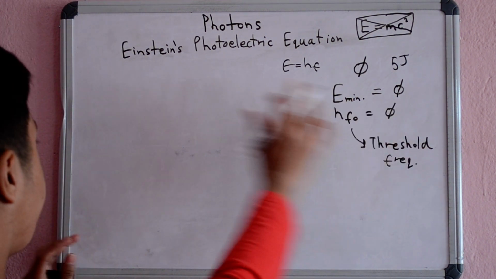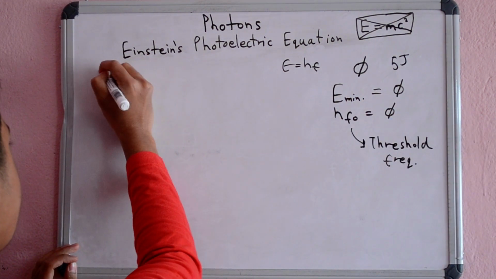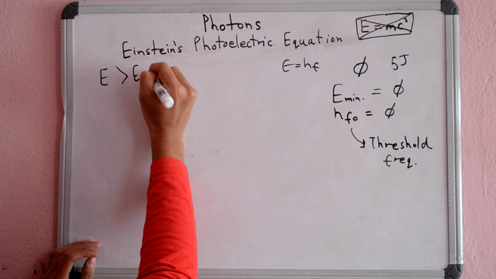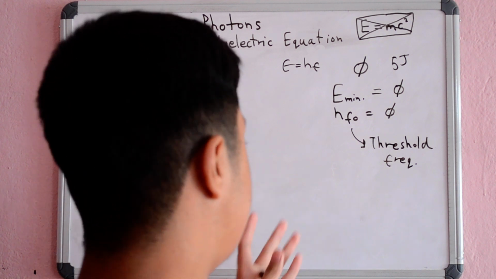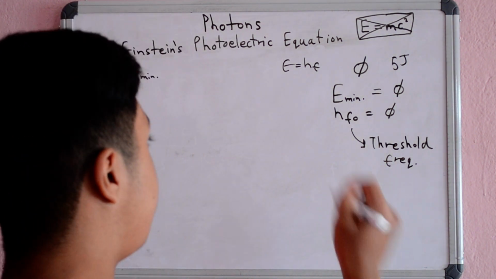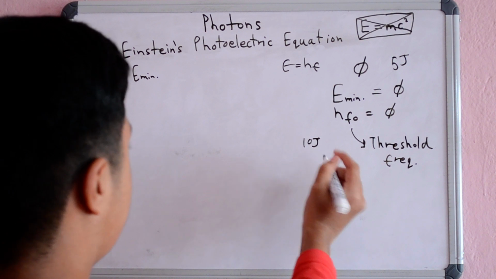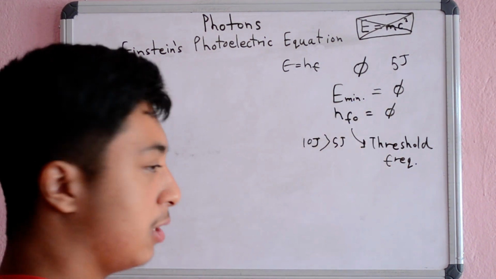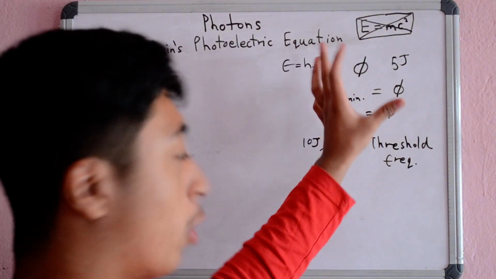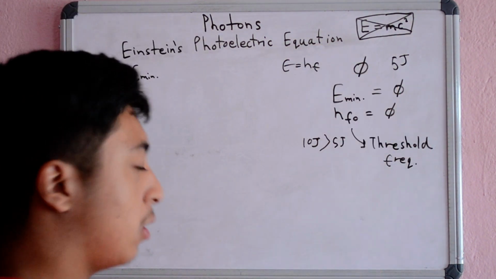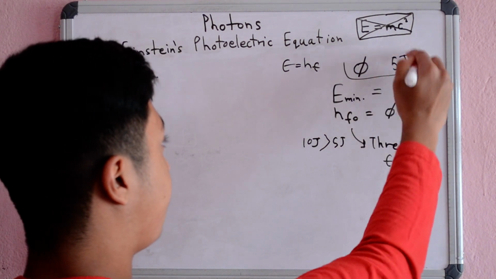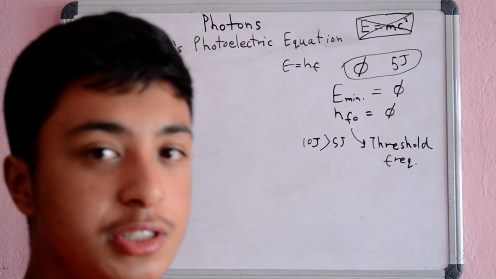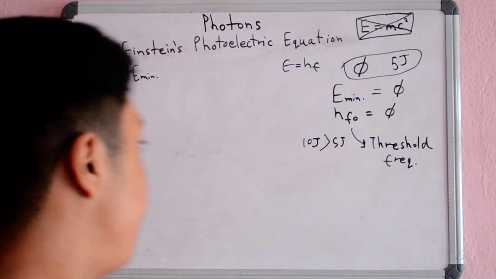And here let's use an energy E, which is greater than the minimum energy. So if we have, let's say, 10 joule, and then this minimum energy is, let's say, 5 joule, what that means is that the work function of 5 joule will absorb some of the 10 joule, and the rest of the energy will be transmitted as kinetic energy, right?